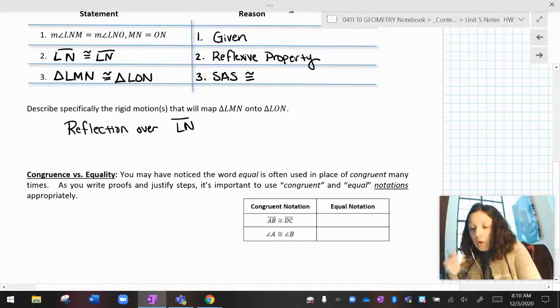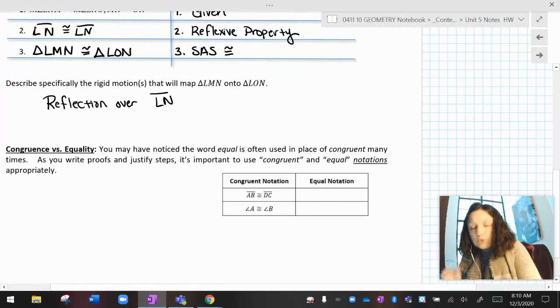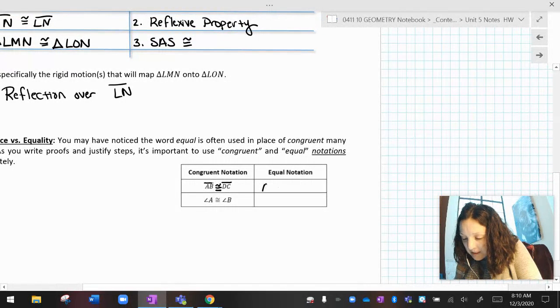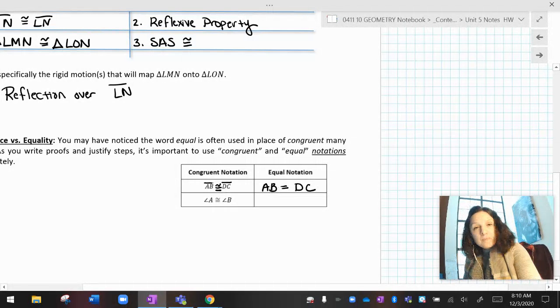Okay. Now, another couple things, I said this before, but it's worth saying again. If you want to do congruent or equals, just be appropriate with your notation. If you say a side is congruent to another side, you would put the bar over the side and the congruent symbol on top of your equal sign. If it isn't there, you could write that as AB equals DC.